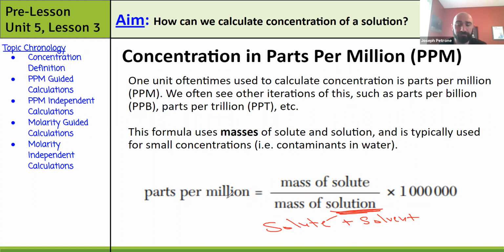So in general, the formula for concentration in parts per million is the mass of the solute divided by the mass of the total solution, so it's solute and solvent, multiplied by 1,000,000. Now, if you were doing parts per billion, we would multiply by 1,000,000,000 or trillion, a few more zeros. But like I said, we're going to be focusing on parts per million in this class.